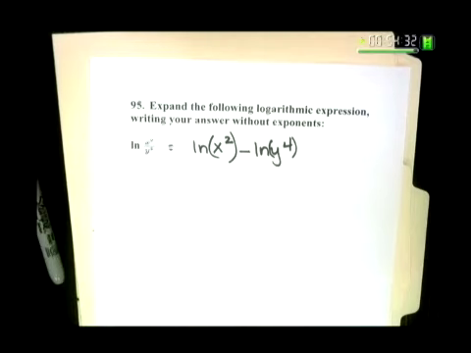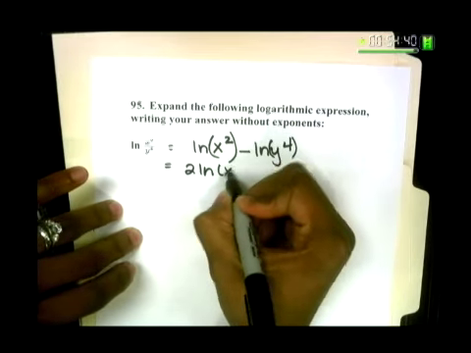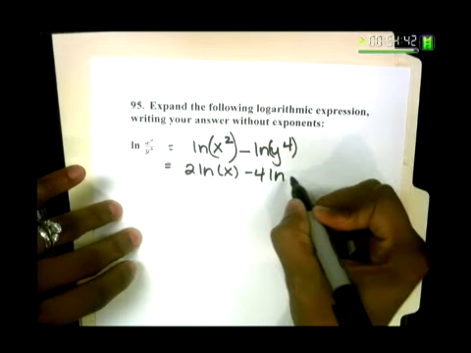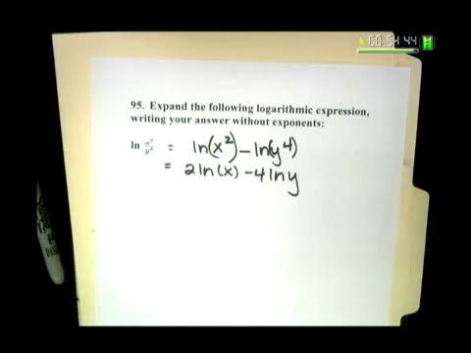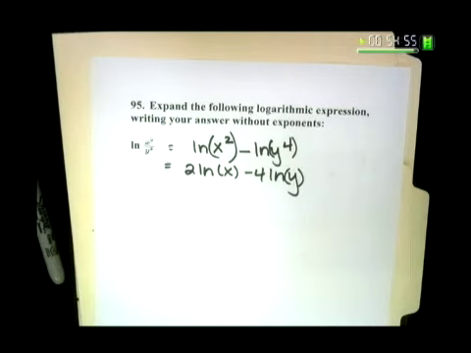Make sure that you look at the properties for that. Now this is the same thing as 2 natural log of x minus 4 natural log of y. You have problems where you're either needing to expand the expression or compress it. In this case, this would be fine. You would leave it like this, maybe put parentheses around it.